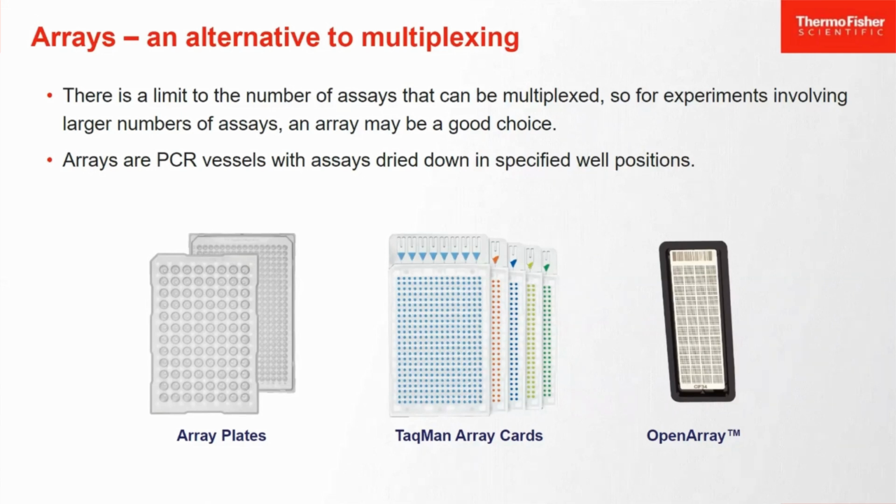An array is a PCR vessel in which the assays are dried down in specific well positions. I'm showing 4 kinds of arrays in this slide. We have 96 well TaqMan array plates. We have TaqMan array cards, which have 384 microwells. And then we have the amazing OpenArray with 3,072 wells, which is pretty amazing.